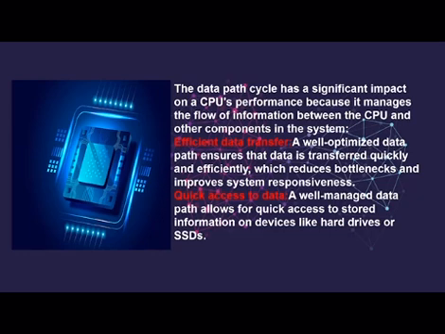So our next point is quick access to data. A well-managed data path allows for quick access to stored information on devices like hard drives or SSDs. Since we want to know why the data path cycle has a huge impact on CPU performance, it is the quick access to data.